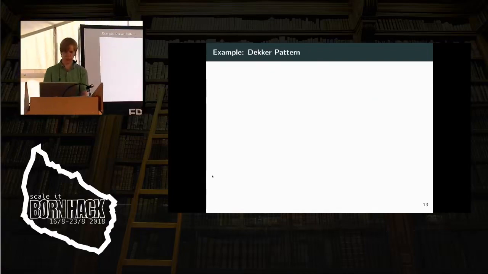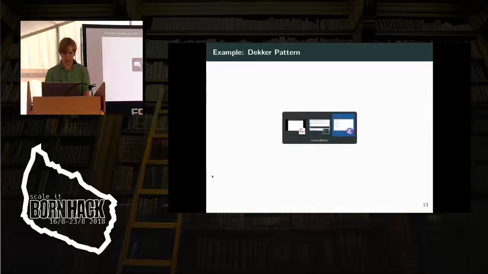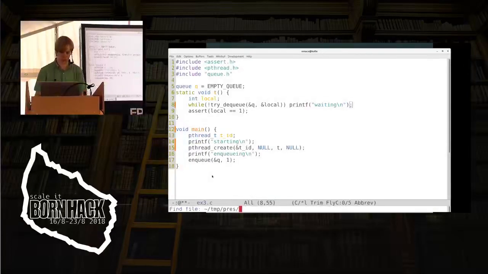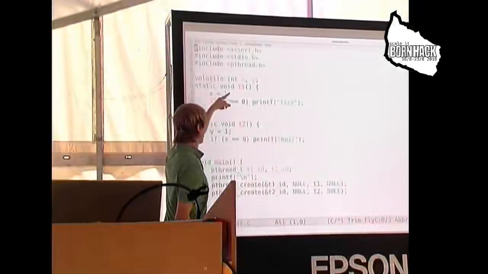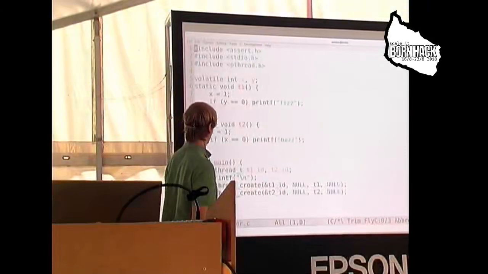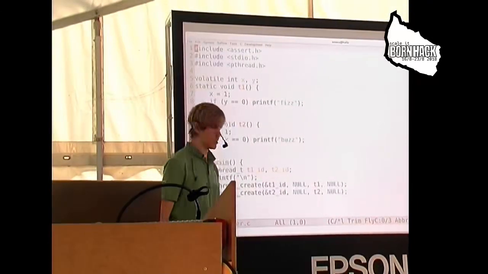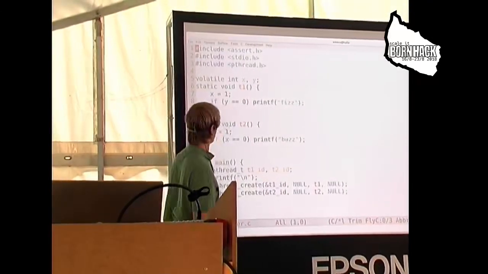So let me show you this, because I'm sure it's a bit hard to understand just by me speaking. So here I have a relatively simple program. Again, I'm using variables directly. In this case, I use volatile to trick the compiler to do the right thing, but you should probably use C11 atomics.